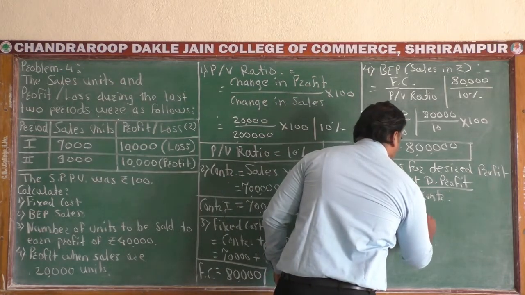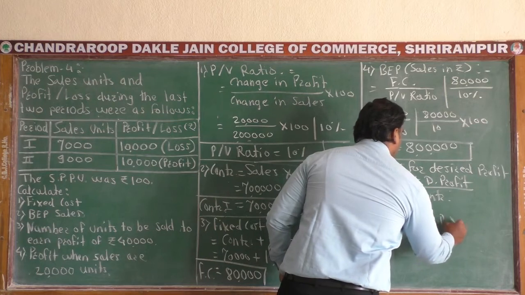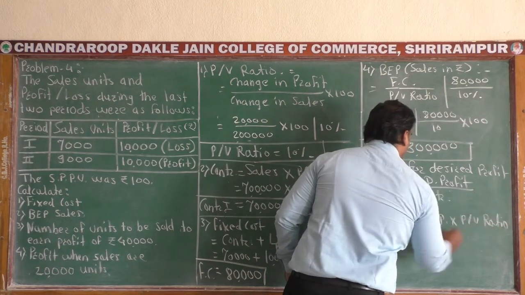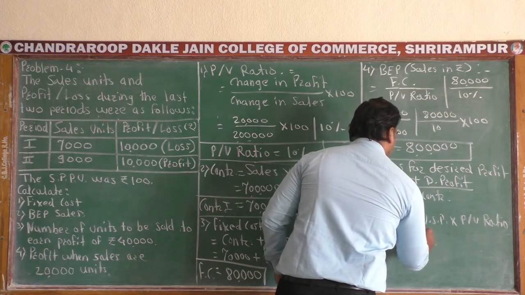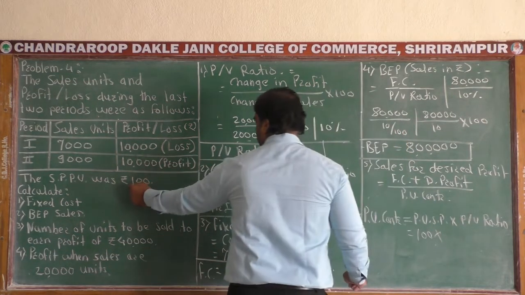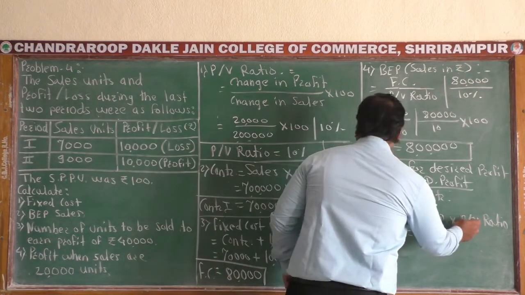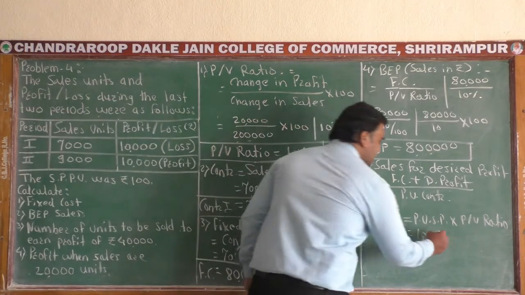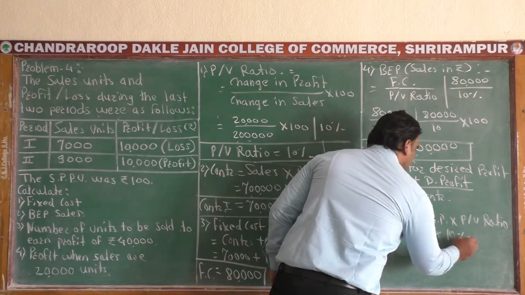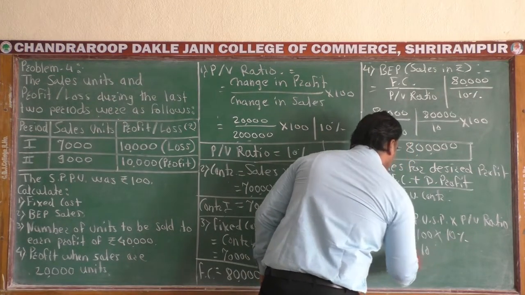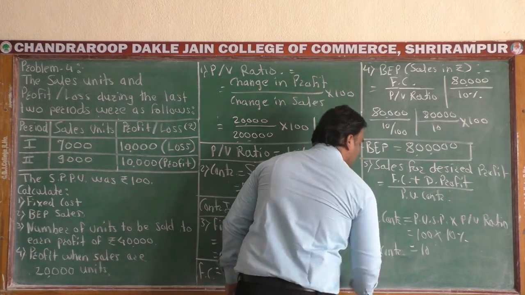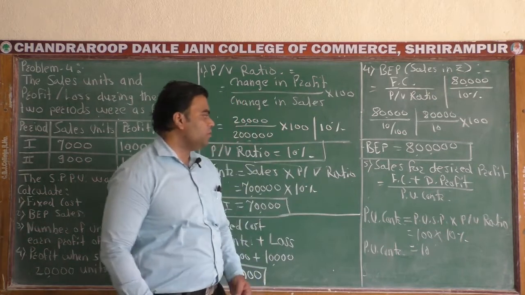Our per unit selling price is rupees 100 as given in the problem, into PV ratio as we have calculated, which is 10%. So 100 into 10% is equal to 10, which is the amount of per unit contribution. So per unit contribution is now 10.